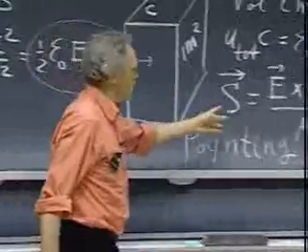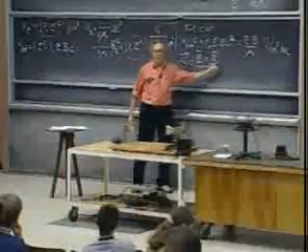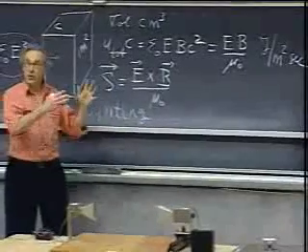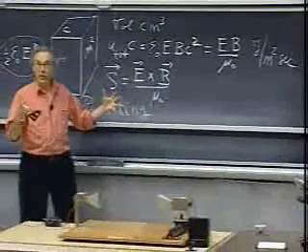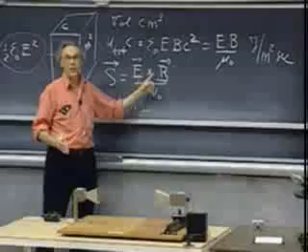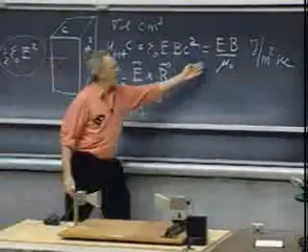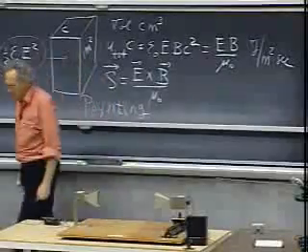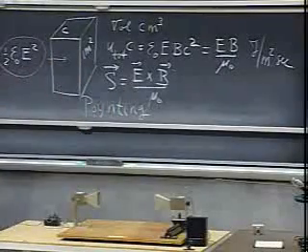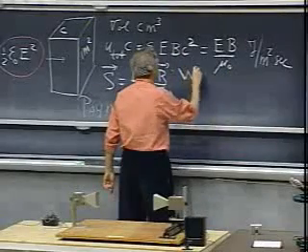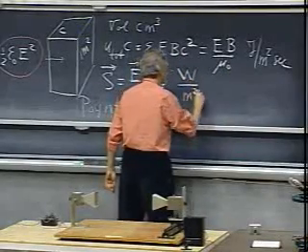The advantage of this notation is that S, which is the energy flux, goes in a certain direction. And the velocity of the wave is always in the direction of E cross B. So it also tells you then in which direction the radiation is flowing, whereas here you lack that information. And so this then, to remind you, is in these units, which is watts per square meter.